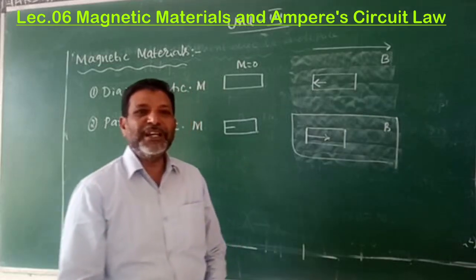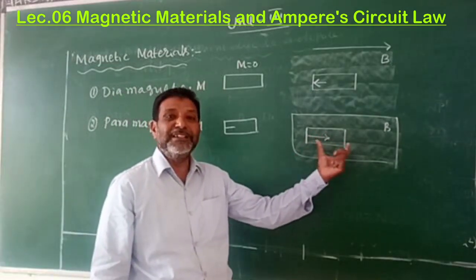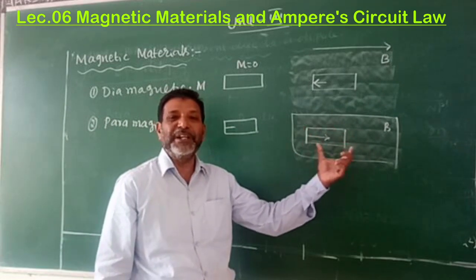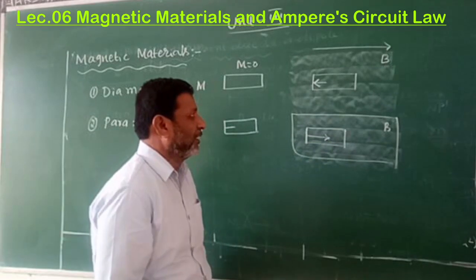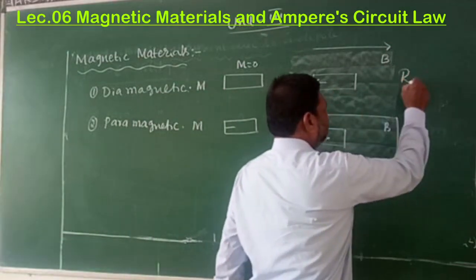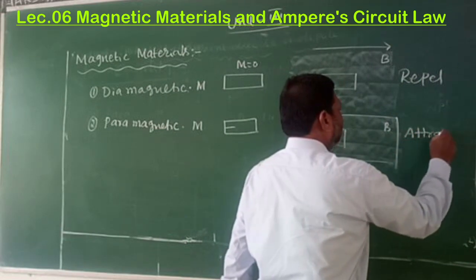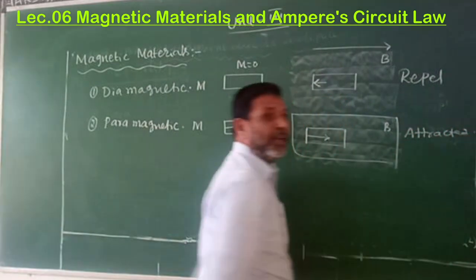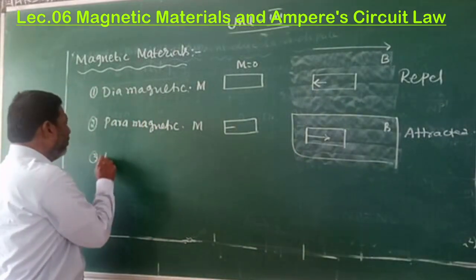Hence, the paramagnetic material gets attracted. This one is repelled, and this one is attracted. This is the paramagnetic. And the next is the third one.